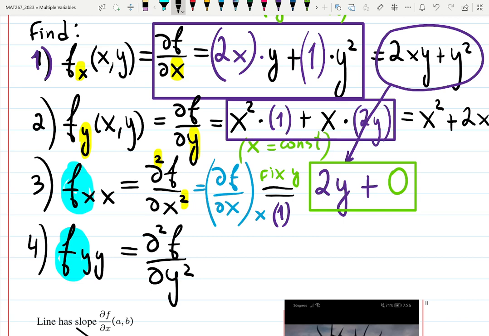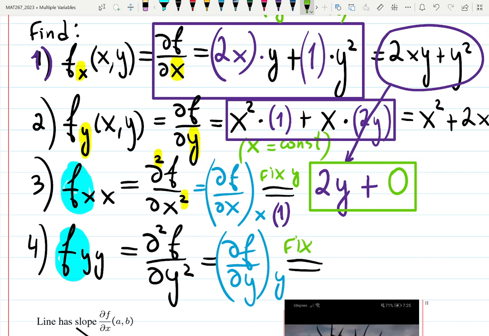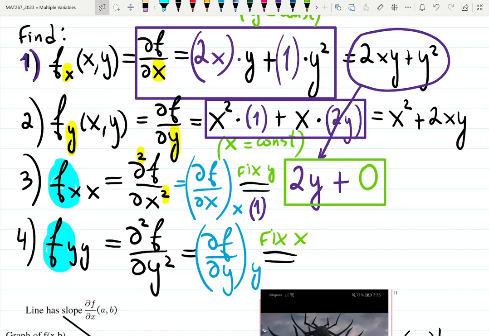That's notation. Which means, in blue, I'm looking at the derivative with respect to y. I'm differentiating it with respect to y. I'm fixing x. So I'm looking at which equation?